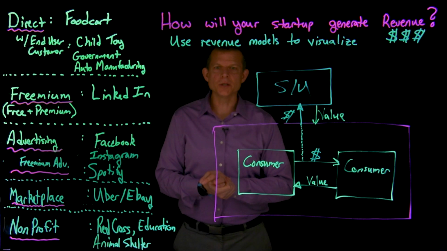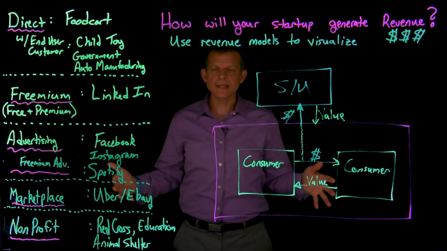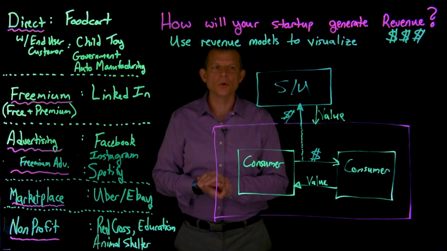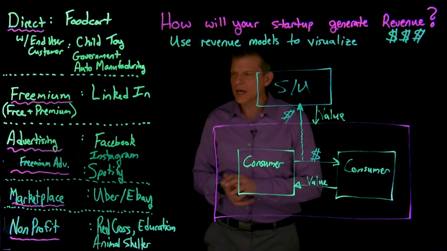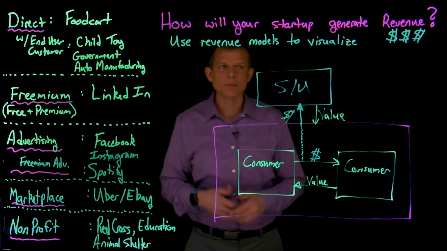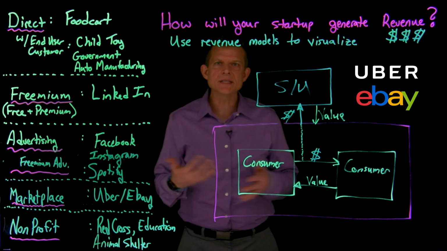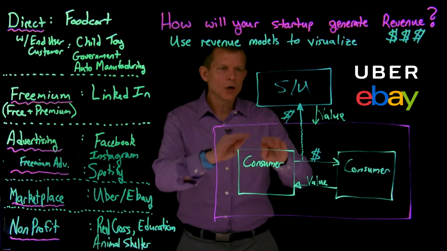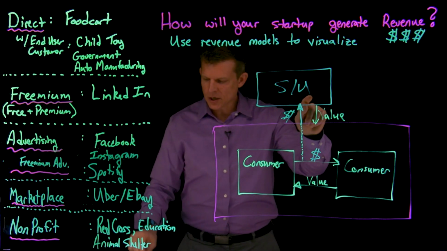Next business model we're going to do is the marketplace, and I have it drawn up here already. This is a really exciting revenue model for startups. It's an emerging revenue model, and so let's talk about it. Marketplace. Examples are Uber and eBay. So what is a marketplace exactly? So a market is created by the startup.